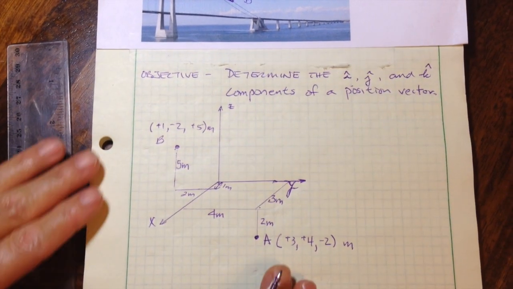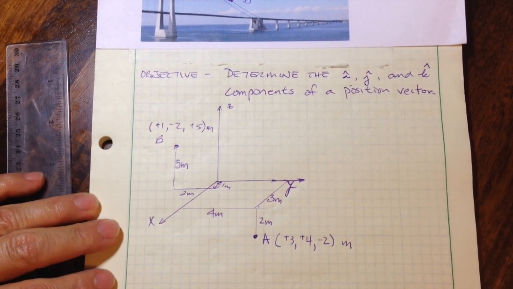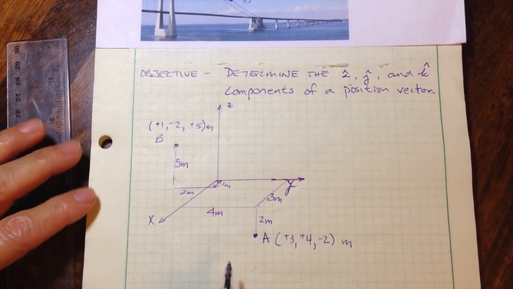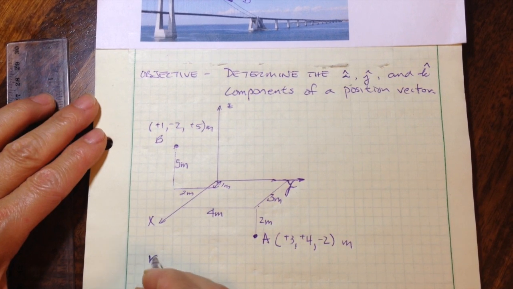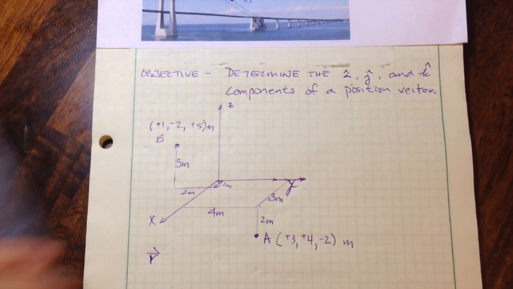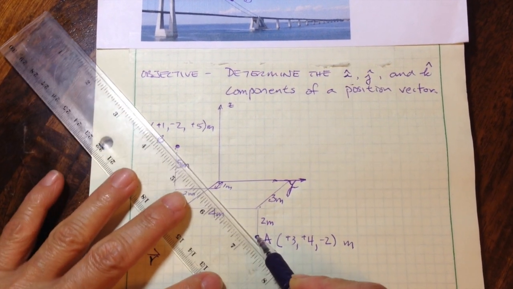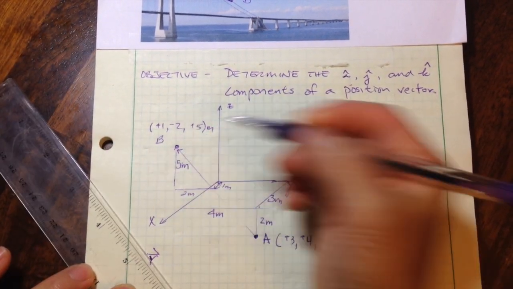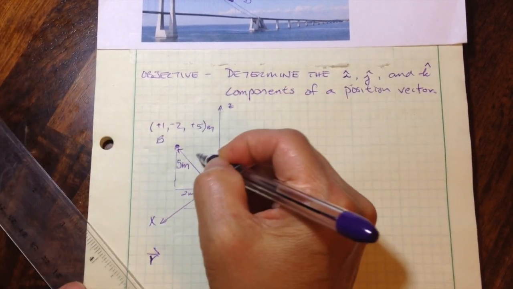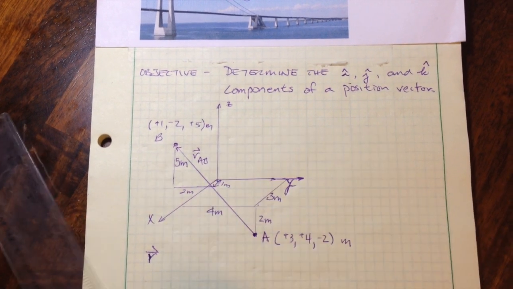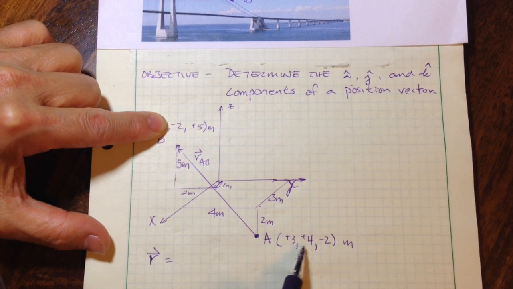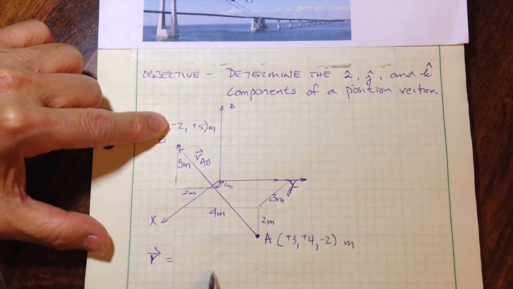Once we have those position coordinates, we can determine the position vector by doing this math. Let's say we're interested in the position vector R that goes from A to B. What we have to do is take the final position coordinate minus the initial position coordinate.